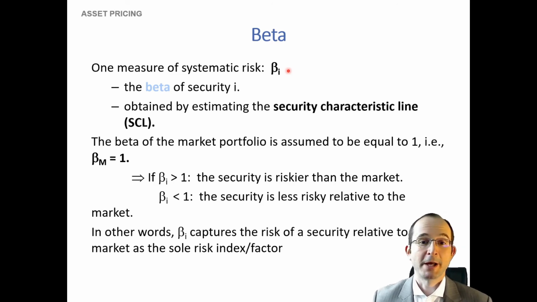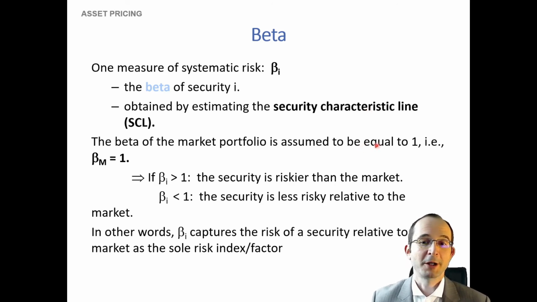How do we estimate an asset's exposure to the market portfolio? Well, we calculate the security characteristic line, in other words, the slope of the SCL, and that'll tell us how proportionally the returns on any individual risk asset correspond with returns to the market portfolio.